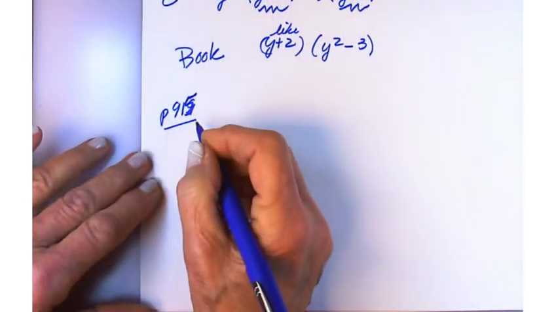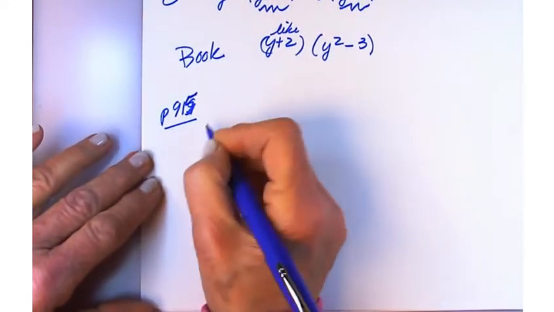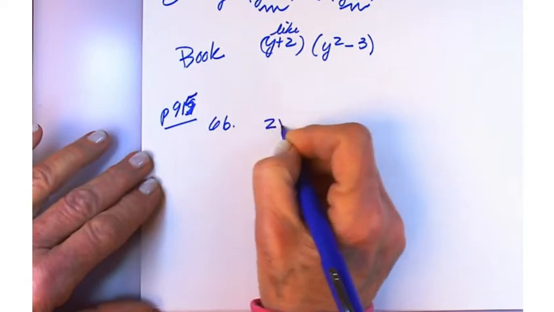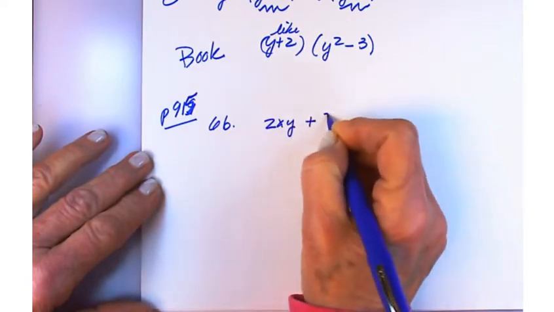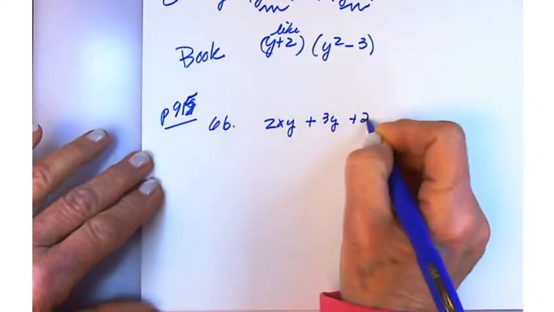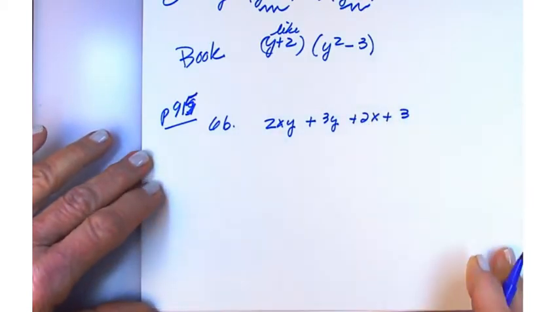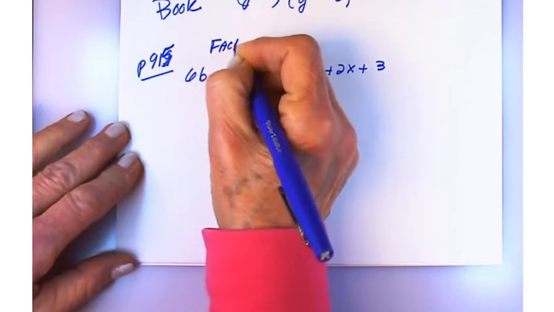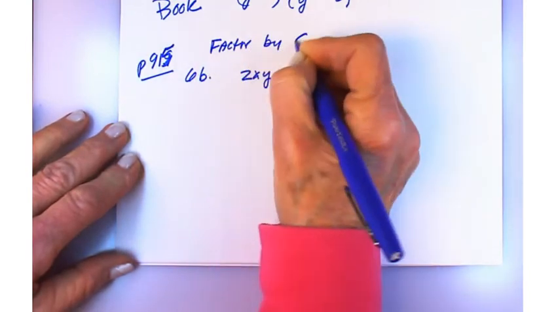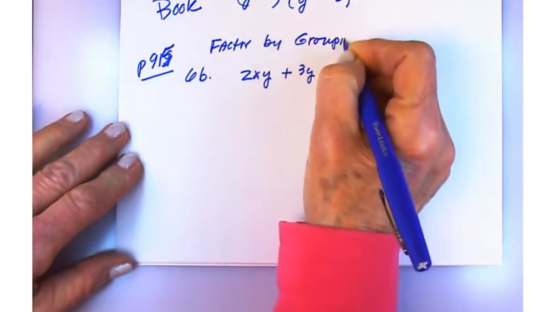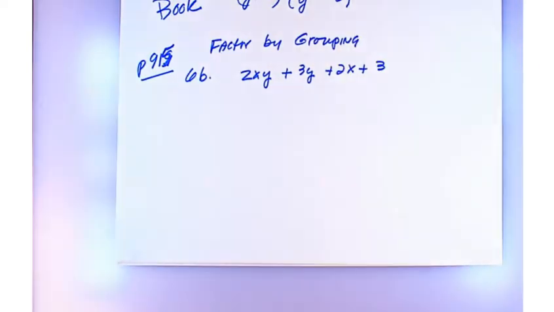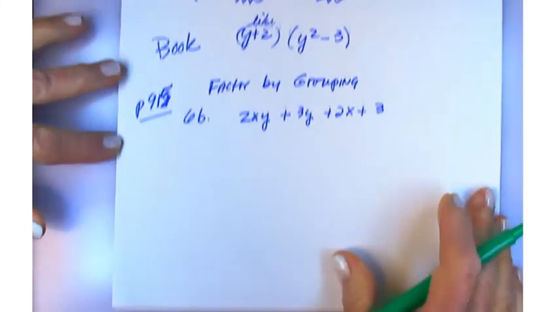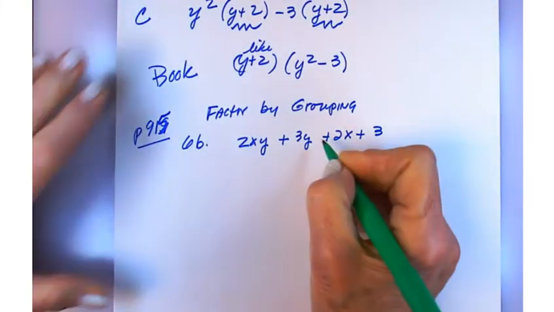Look at this. 6b. We have 2xy plus 3y plus 2x plus 3. And this is called factor by grouping. So when we factor by grouping, you're going to look at this third sign here.